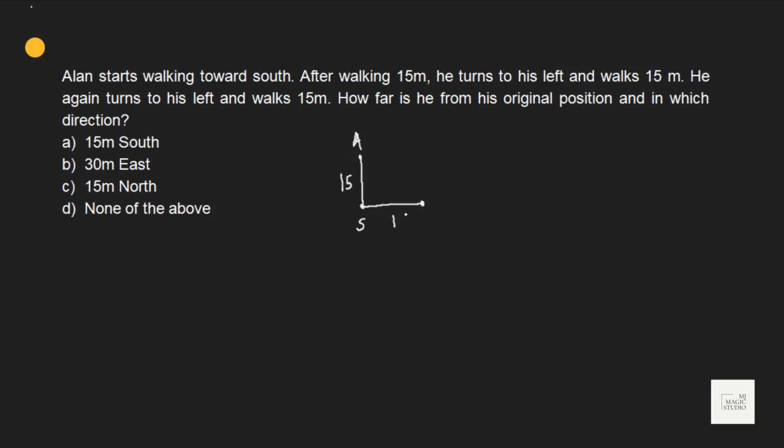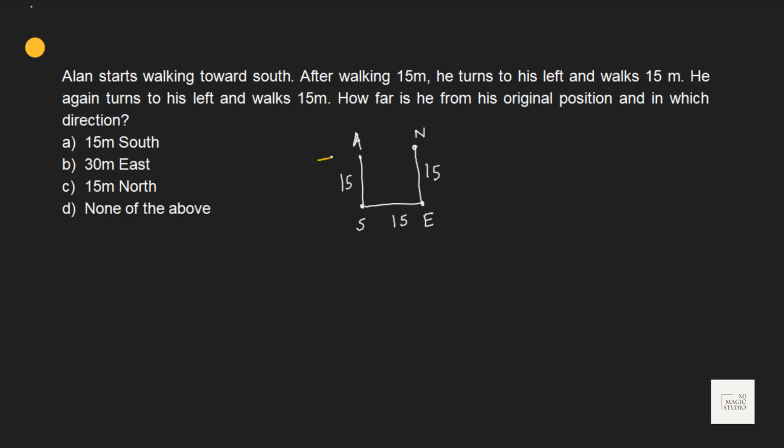So this is 15 again, and this is E. He again turns to his left and walks 15 meters, moving towards north, 15. This is N. How far is he from his original position and in which direction?